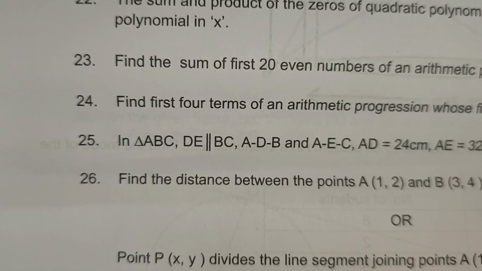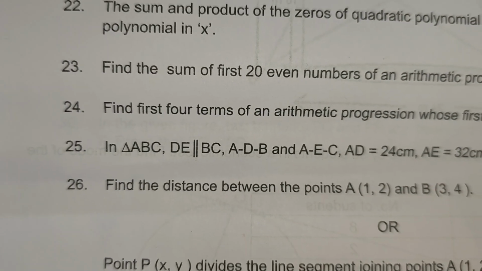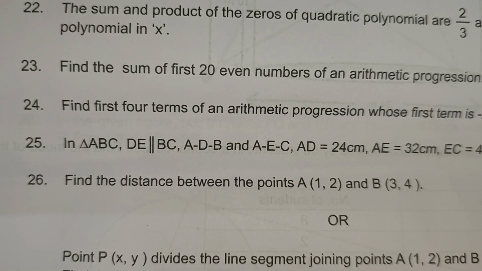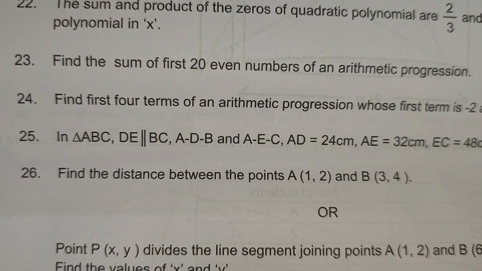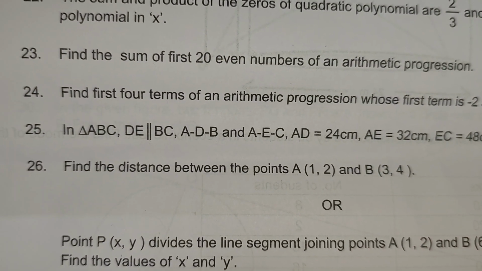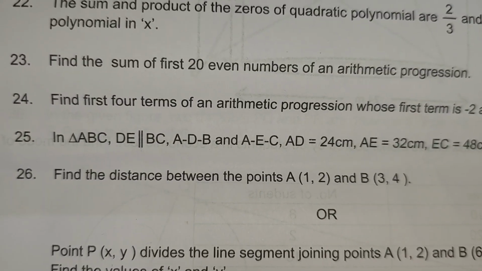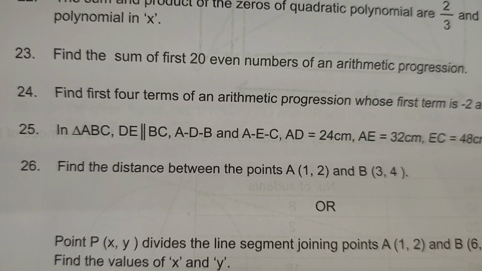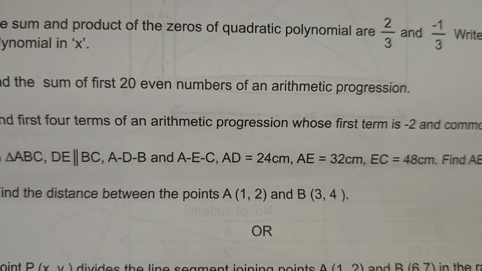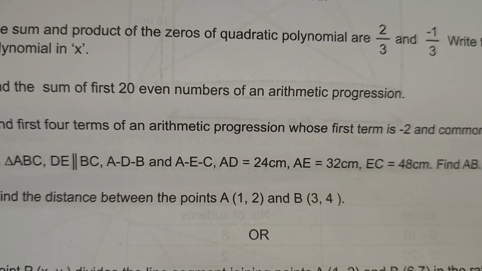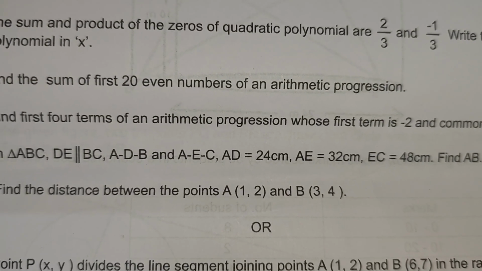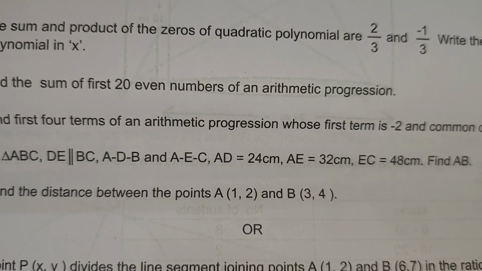Question number 25. In triangle ABC, DE is parallel to BC, with D on AB and E on AC. AD is equal to 24, AE is equal to 32 centimeter and EC is equal to 48.